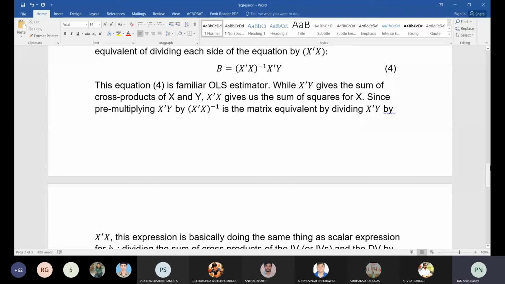For this b1, what have you done? Summation of i equal to 1 to n yi xi minus 1 by n summation of yi into summation of xi, divided by summation of xi square minus summation of xi whole square divided by n.